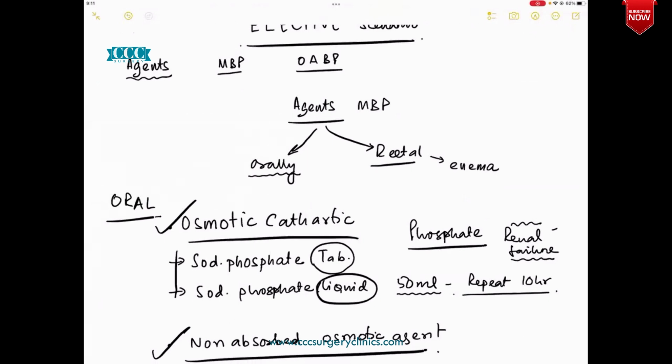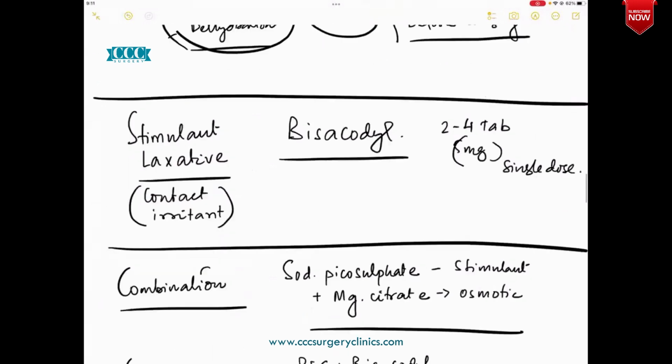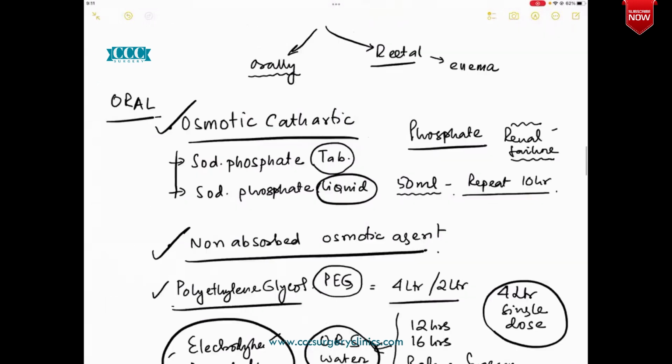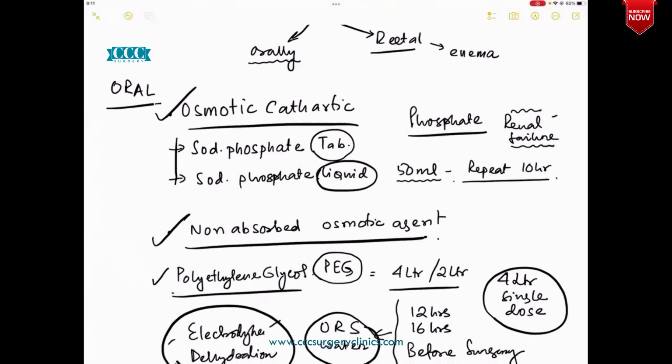Yes, sir. Sodium phosphate tablets, how much to be given, sir? Sir, that depends on your unit's practice. It is around a total of 20 tablets, repeated thereafter by around 20 tablets, and it is usually given as multiple tablets.